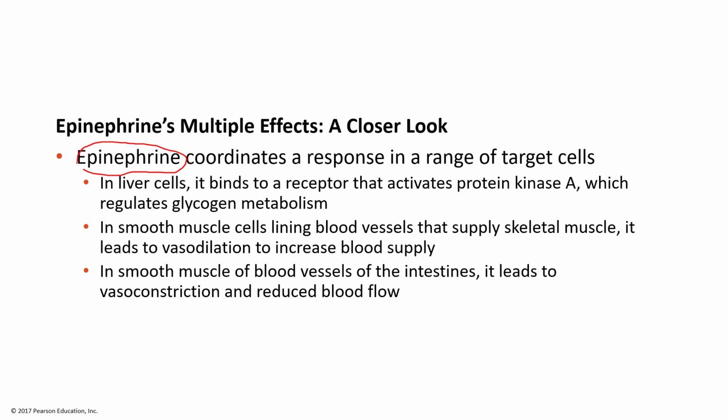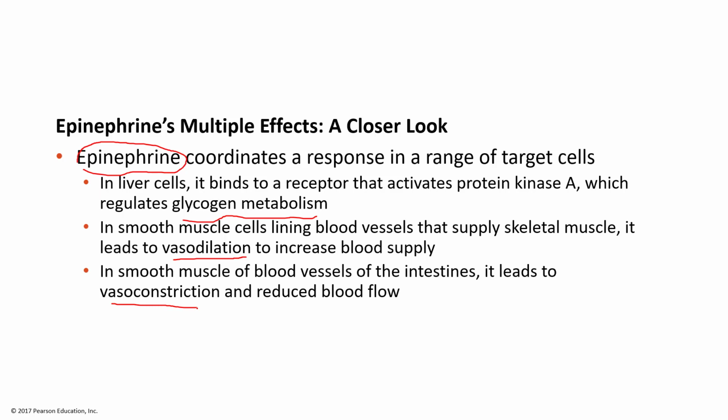For example, in the liver cell, it causes glucose to be released. So glycogen is broken down into glucose. In smooth muscle in certain parts of the body, it leads to vasodilation, increasing the blood supply to certain muscles in the body. In other parts of the body, like the intestines, it causes vasoconstriction, the exact opposite effect, which reduces blood flow to the digestive system.